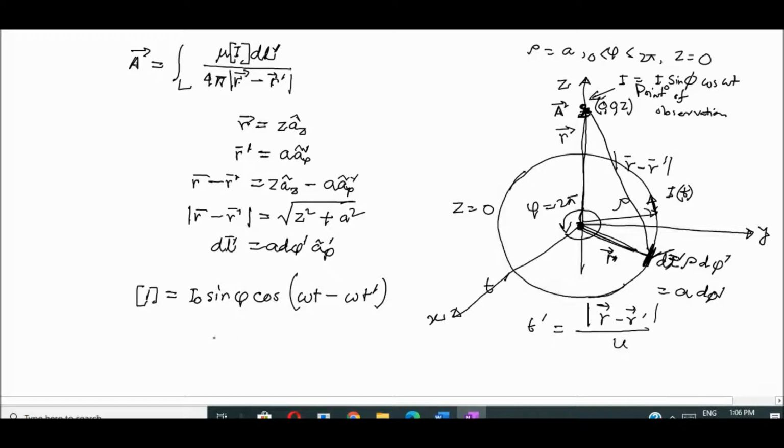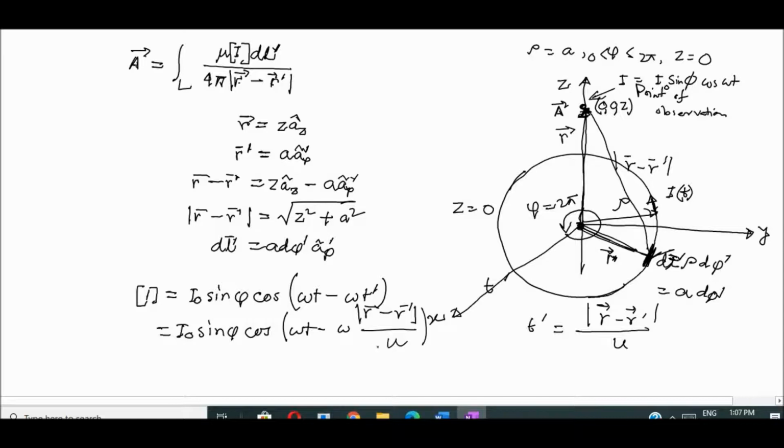Now we substitute this in the equation. You'll get I naught sine phi cosine of omega t minus omega times the magnitude of r minus r prime over u.